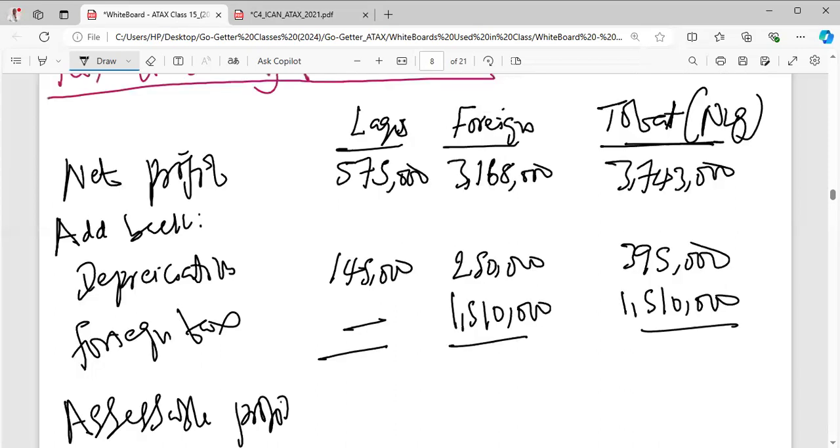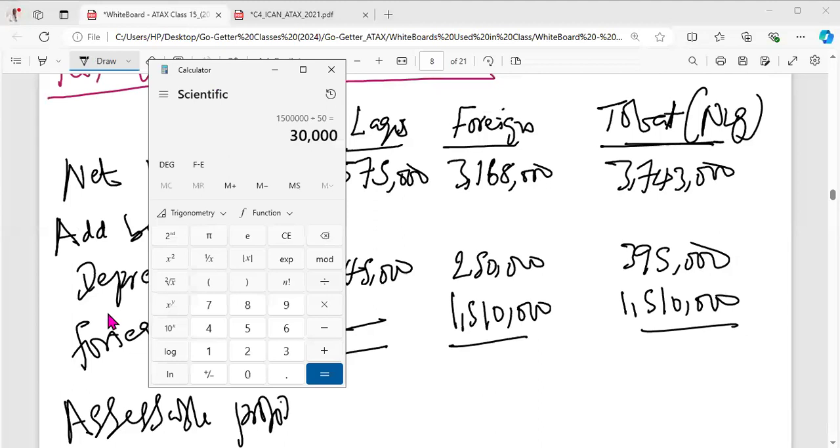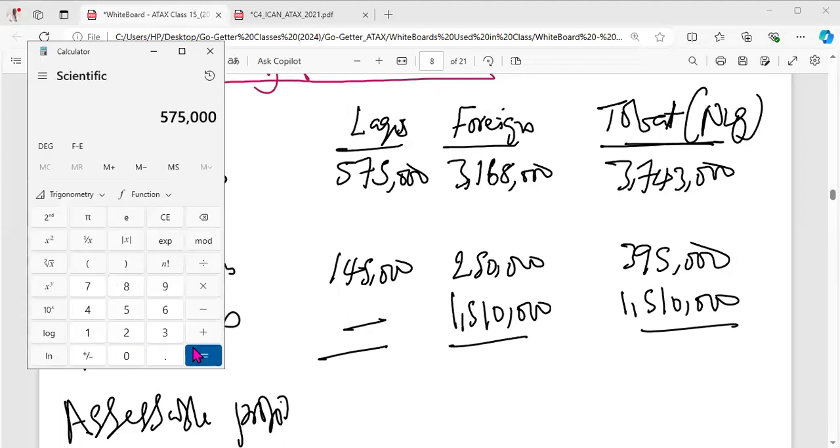Let's activate our calculator that has been sleeping all the while. 575,000 plus 145,000, and that gives us 720.